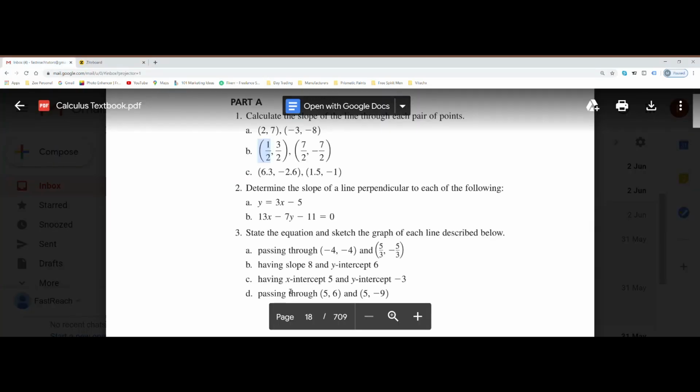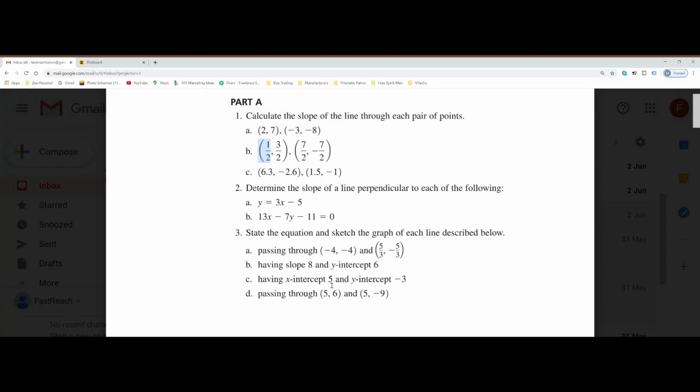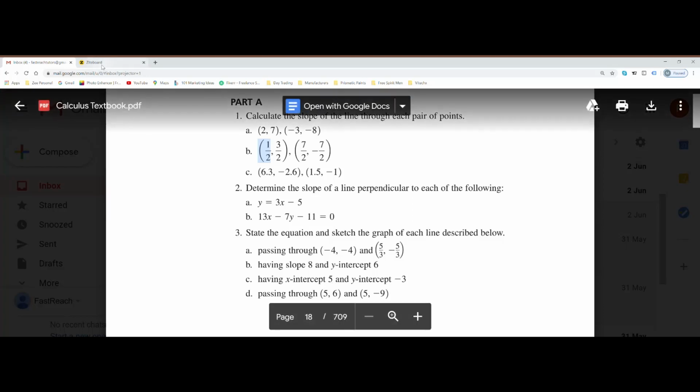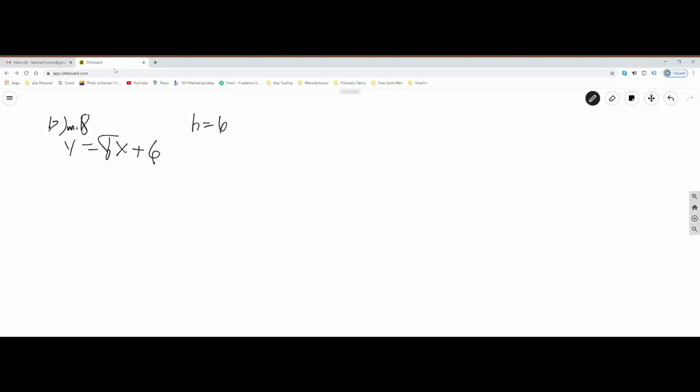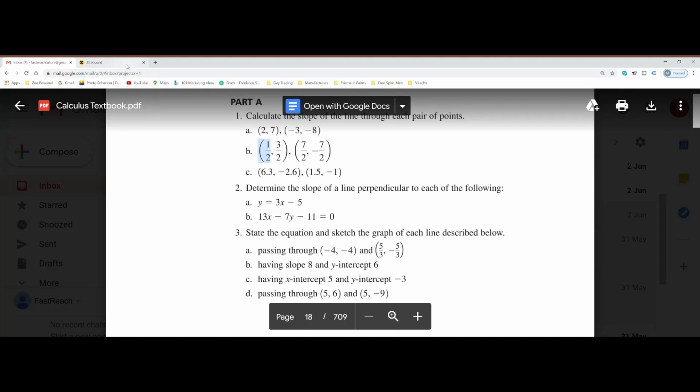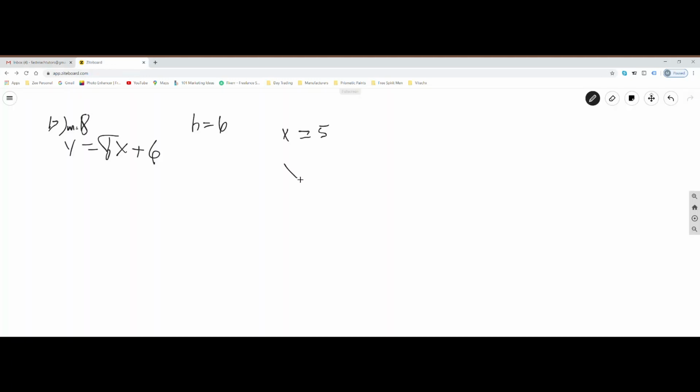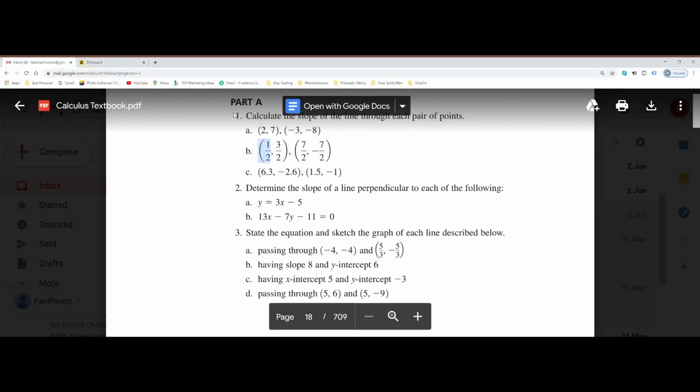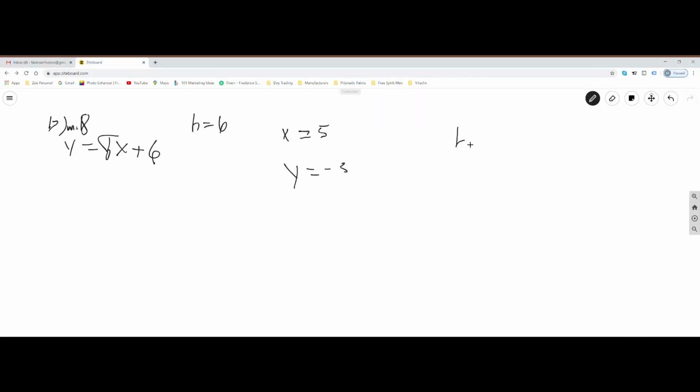So now let's look at having an x-intercept of 5 and y-intercept of -3. So that means b is equal to -3. So we know the b part of the equation.